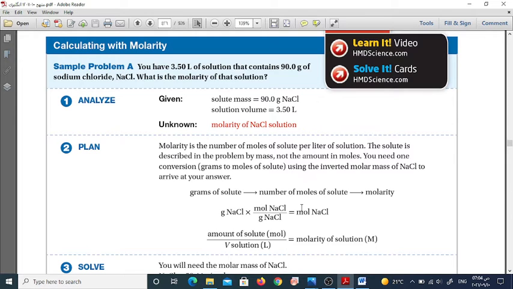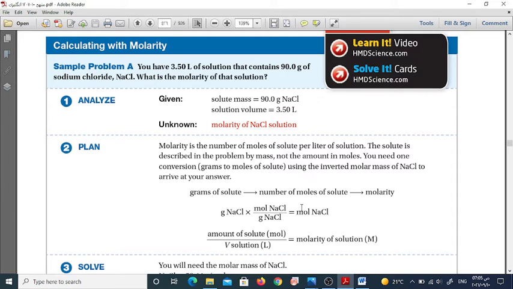Before you start with any mathematical example, first of all, you should analyze it. You should know what is given and what is unknown. So the given is the mass of NaCl and the 3.5 liters of solution. The unknown is the molarity of NaCl.